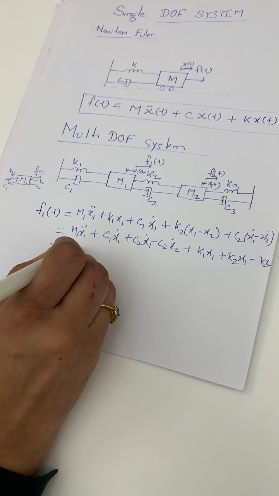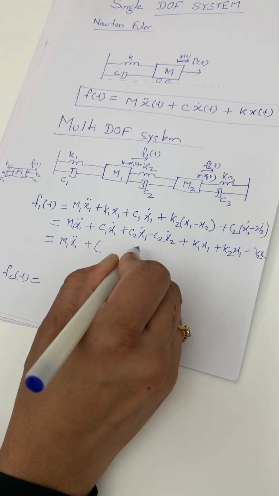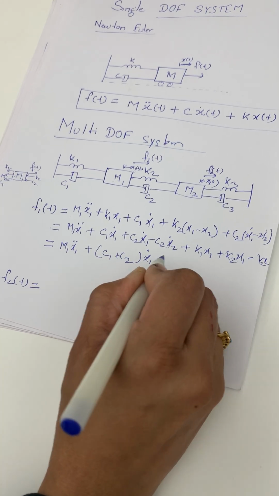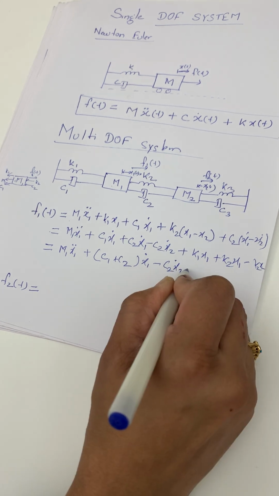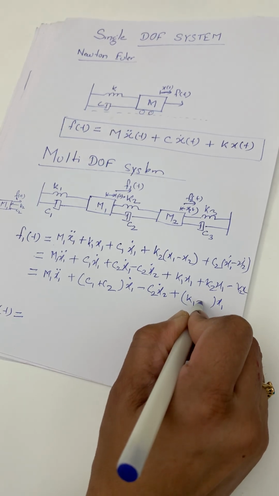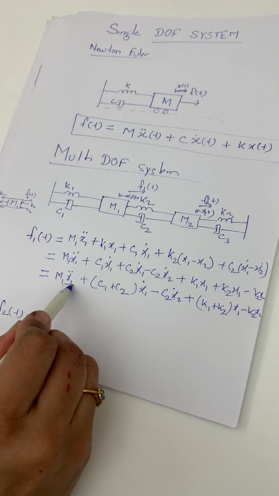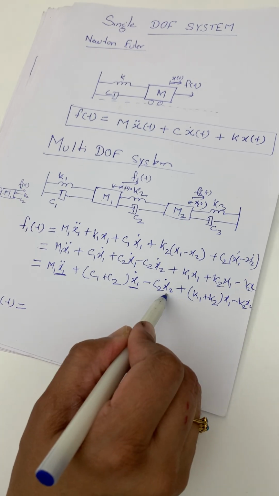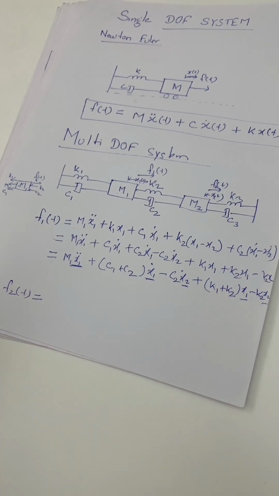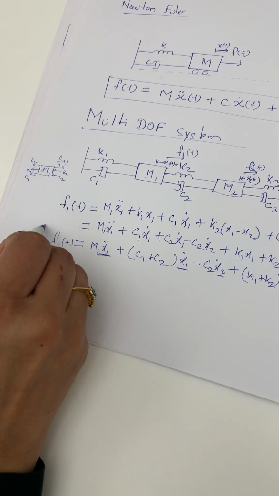Then M1 x1 double dot plus, taking x1 dot common, (C1 plus C2) x1 dot minus C2 x2 dot plus, taking x1 common, (K1 plus K2) x1 minus K2 x2. You can check that all coefficients we have put apart. Okay, so this one is the equation for F1(t).